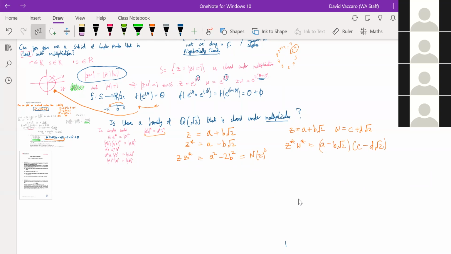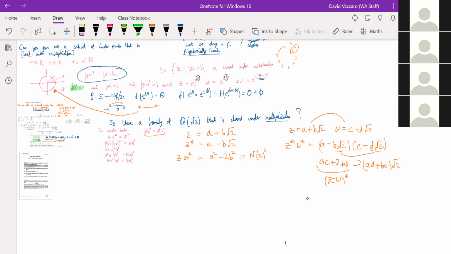And when we multiply out the brackets, the rational terms are the same as if we'd had a plus and a plus, but the irrational terms end up with a minus. So that is just zw star, because if I'd multiplied z and w, the only difference is that I would have had a plus here rather than a minus.